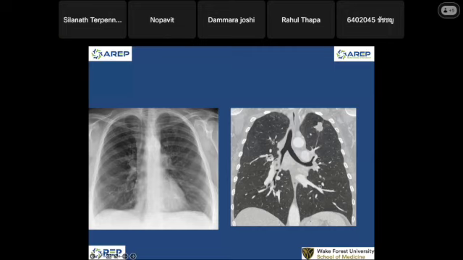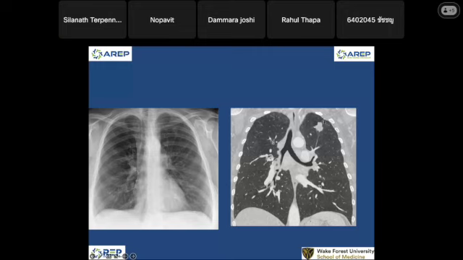This is a lung window coronal reformat image of a CT scan. This person has a lobulated, spiculated right upper lobe mass here, maybe about 3 centimeters by 3 centimeters. In the background there are little holes in the lung, so the patient is a smoker.